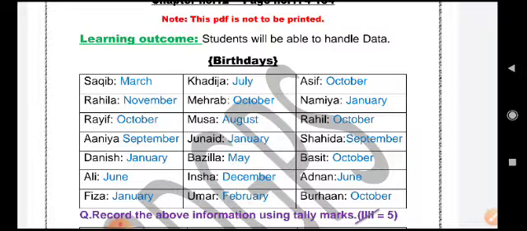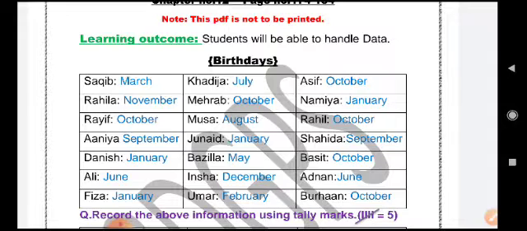Now we are given information about the birthdays different students are having. For example, in our class, these are the names: Saqib, Rahila, Raif, Ania, Danish, Ali, Fiza, Khatija, Mehrab, Musa, Junaid, Bazila, Insha, Umar, Asif, Namia, Rahil, Shahida, Basit, Adnan and Burhan. These are the students.